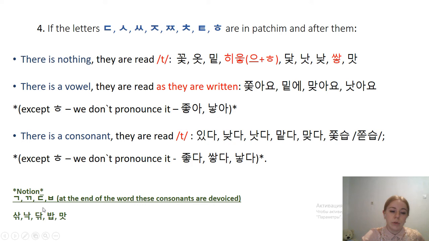Okay, there is one secret. If you want to sound like a native speaker, like a Korean native speaker, there is one secret. These letters k, k, t, p, at the end of a word or at the end of a syllable, these consonants are devoiced.